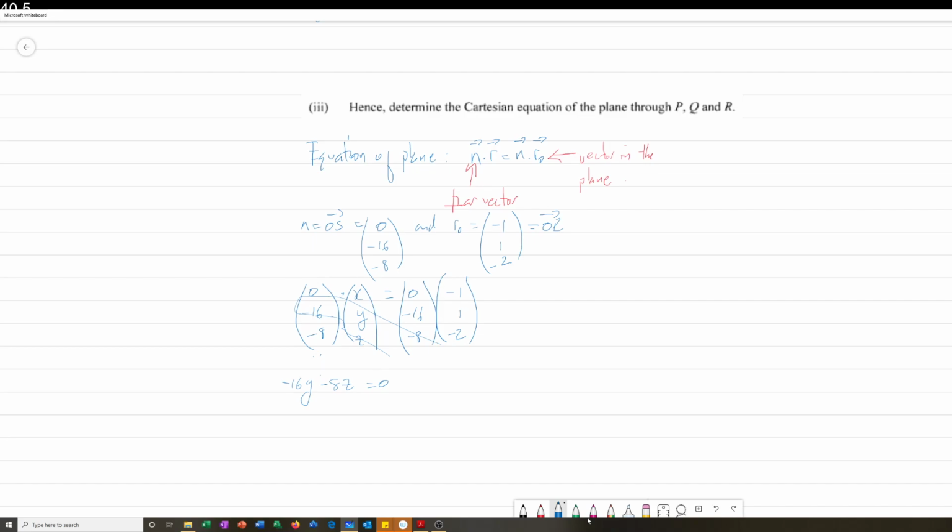So the equation, when you simplify, you're going to get is minus 2y, you just divide by 8, minus z is equal to 0, or I should have taken out the negative sign, so 2y plus z is 0. So that's the equation of your plane.